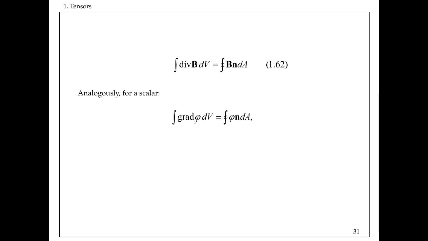So grad phi is of course a vector, and on the left hand side there is still that vector n that appears. Again, whatever is a vector or tensor we indicate with a bold symbol. Now for this scalar, grad phi, the integration over the whole volume will be a surface integral of phi multiplied by n, integrating over the area that encloses that.